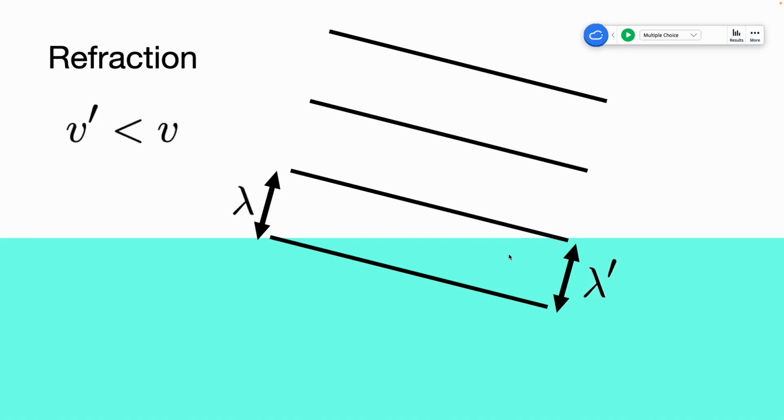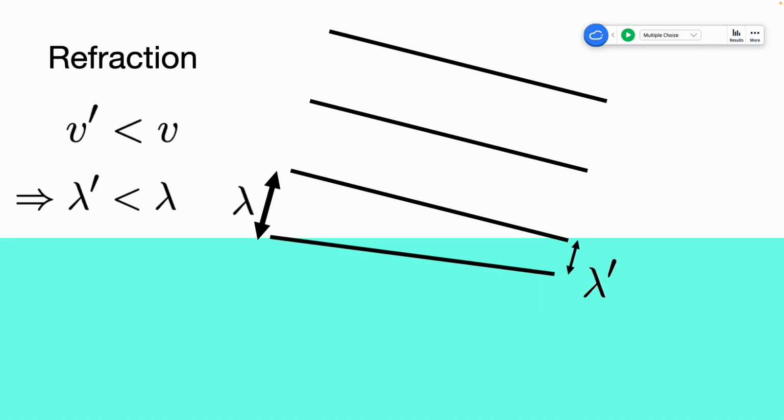If the wavelength in the glass is shorter, then what must happen is that the wave must turn its direction such that this wavelength in the glass is shorter than the wavelength in the air.